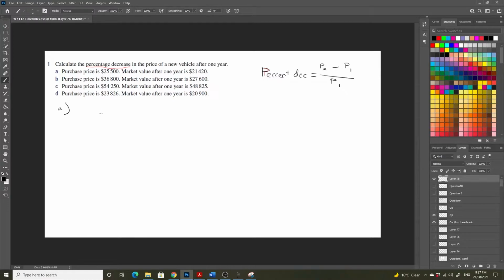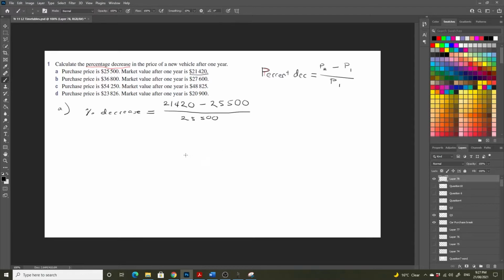So we purchased a car for $25,500 and after a year it declined in value to $21,420. So what's our percentage decrease? Well, let's just do percent decrease is going to be equal to 21,420 minus 25,500 divided by 25,500.